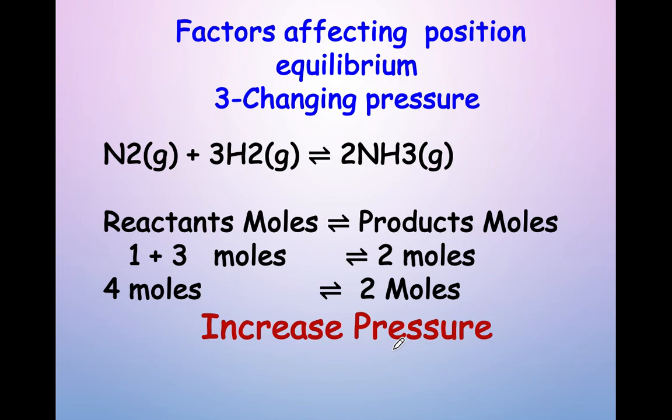Now let's start when we increase the pressure. What will happen? According to Le Chatelier's principle, it will oppose the action. Increasing pressure will lead the reaction to move to where the pressure is decreased.